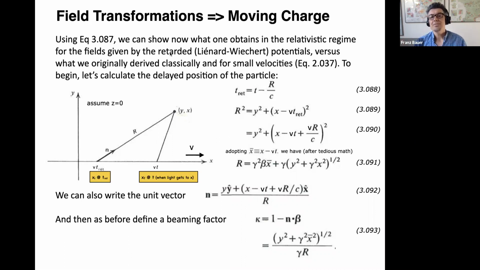We had seen that this manifested as a field which went as 1 over R, whereas the Coulomb field should go as 1 over r squared. So we had a field which appeared at large radii to dominate. What we want to do is take the classical derivation that we've done before with small velocities and do the same thing now with relativistic velocities.